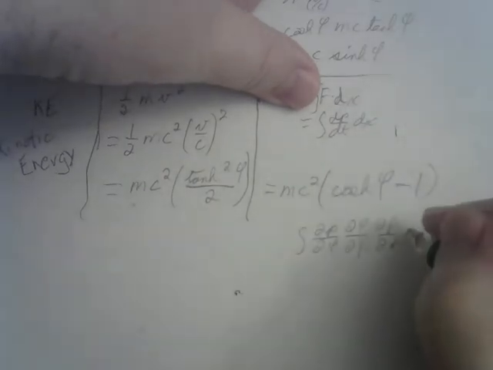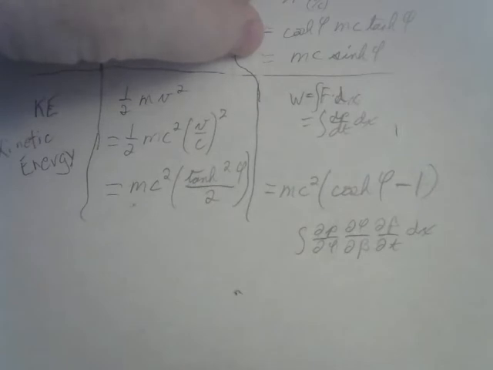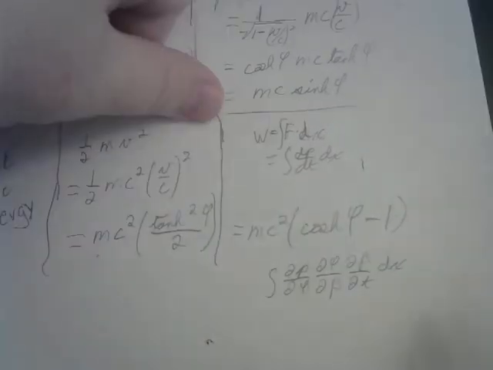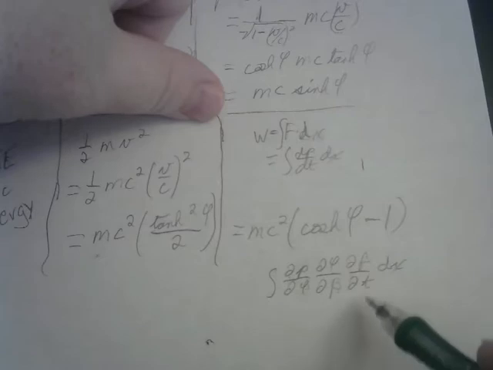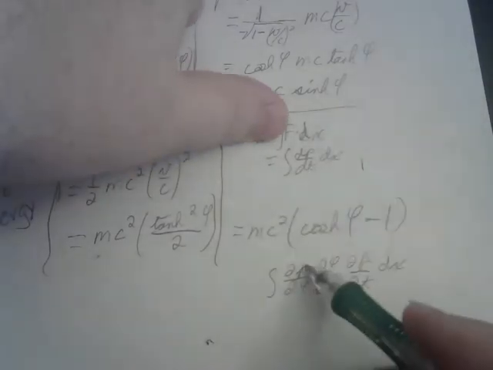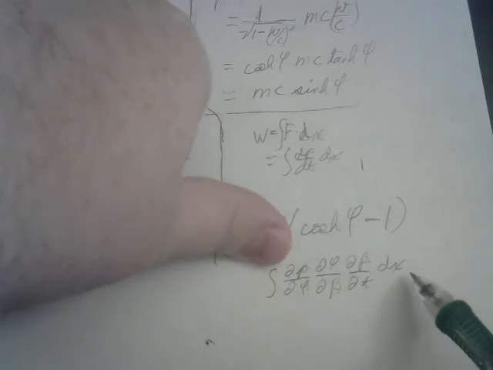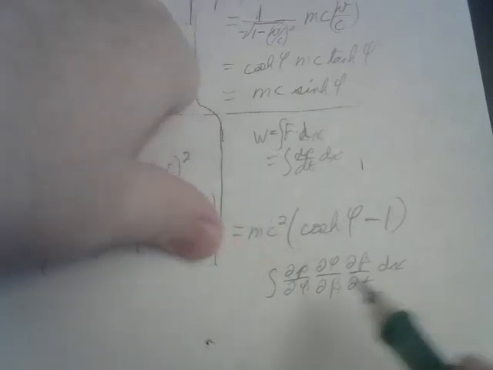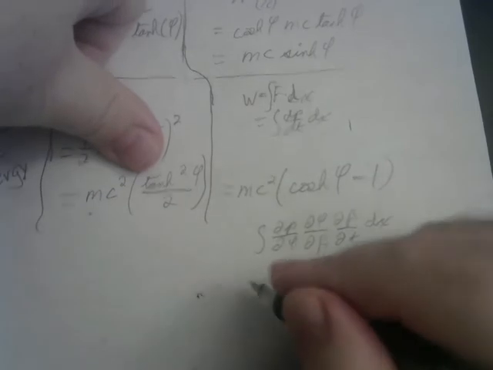Beta is just v over c. You can see how everything cancels out, the d phi and d phi, the dp and dp, and then we have that dt. So we'll be left with dp over dt over here, and then we got the dx here. So then it's just a matter of figuring out each of these terms.